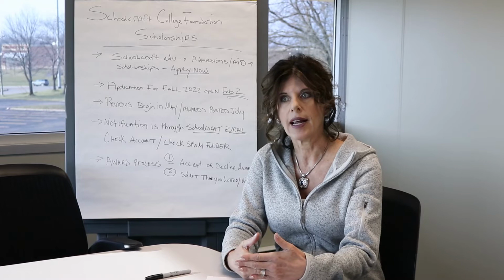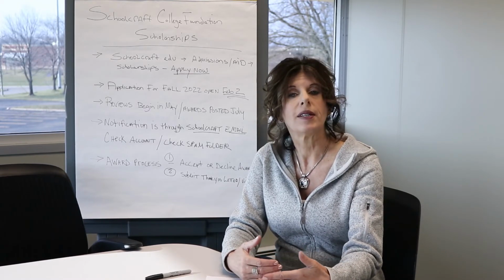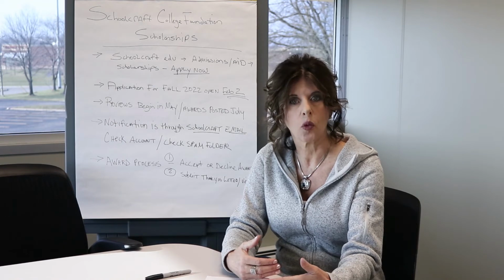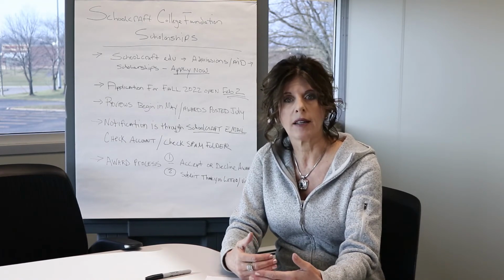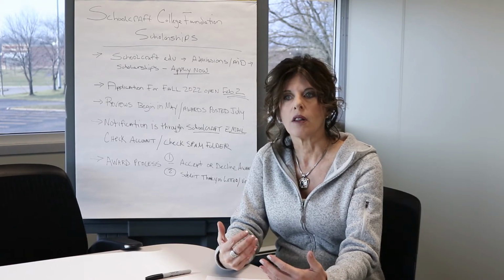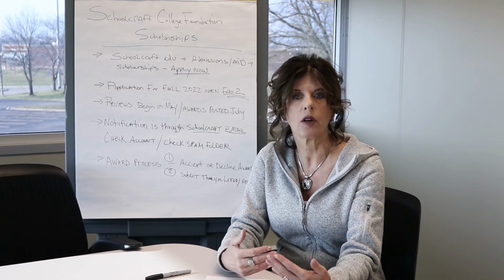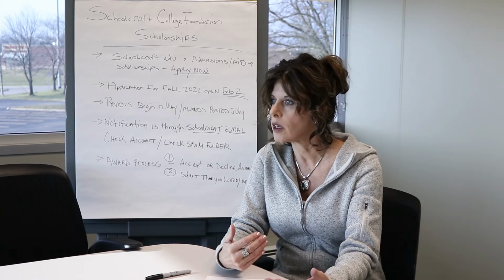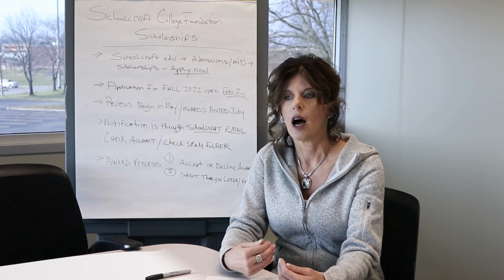You'll find that throughout the semester, we can be sending out notifications for awards. The majority of our awards are notified between July and August. The selection process starts in May, but you'll start seeing the money go to your account if you've received an award during that July and August time period before school starts.